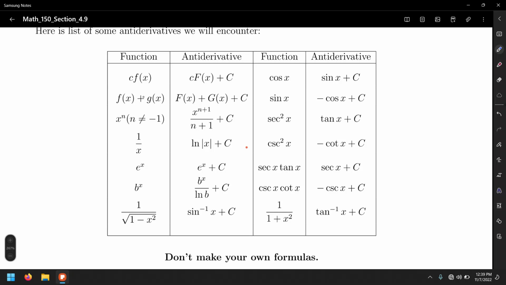The antiderivative of a sum of two functions is the sum of the antiderivatives. Those are more like the linear properties of these antiderivatives. And for x to the n, where we had to guess, like, 3x squared is the derivative of what function, instead of thinking backwards, here is what we call the general power rule. Add 1 to the exponent, divide by the new exponent.